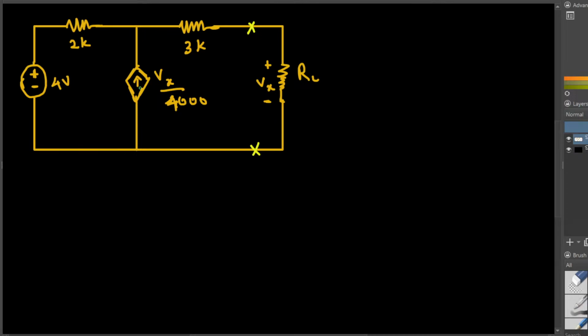So first of all, if we are trying to draw Thevenin equivalent circuit, what we can do is take the open circuit for this one, plus minus 4 voltage right here.